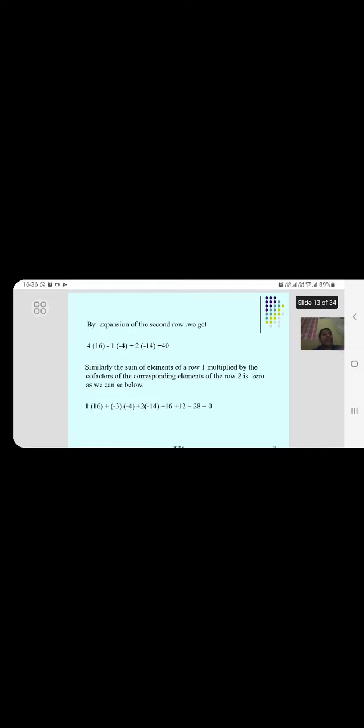By expansion of the second row, we get 4 into 16 minus 1 into minus 4 plus 2 into minus 14 equals 40.